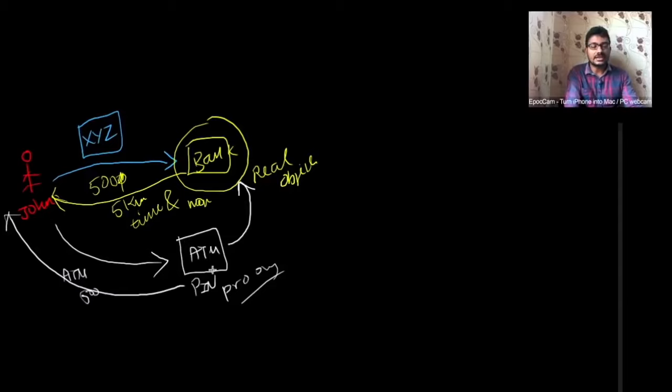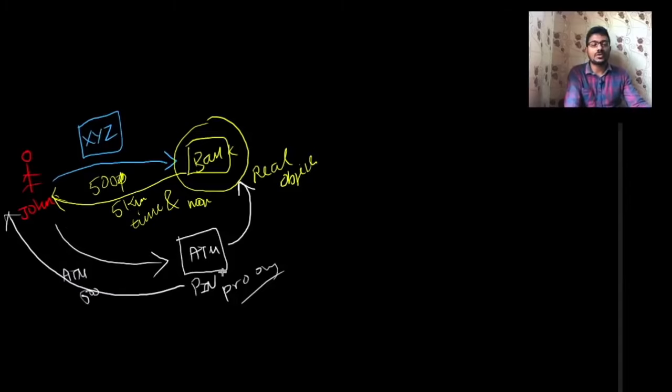Here that ATM machine acts as a proxy object. It communicates with the real object, the bank, and checks whether the account has sufficient balance and other credentials. The bank real object replies with that information to the proxy object, and the proxy object serves the data to John.